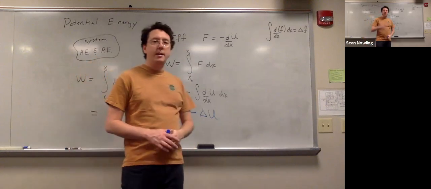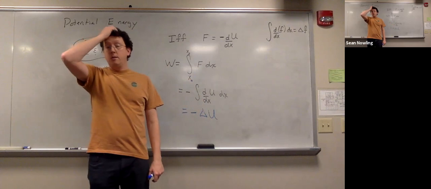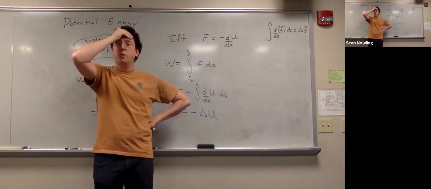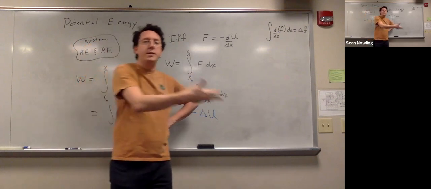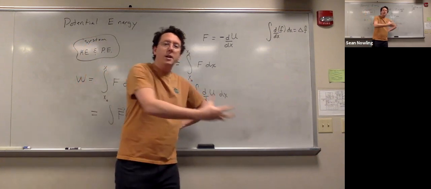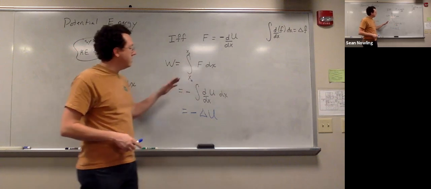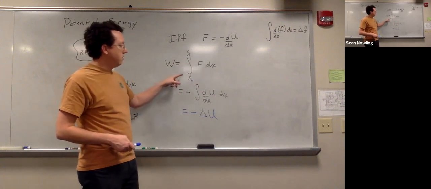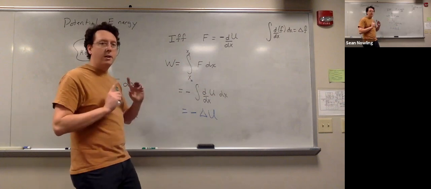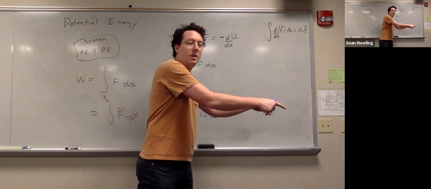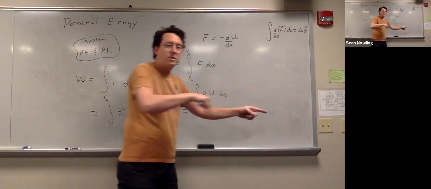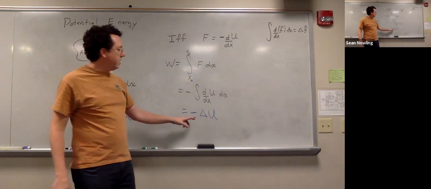Remember I said, you can think about potential energies as storing energy. And what that means is that if you put energy into potential energy form, it can always come back. And the way you can see that in this language is if this is an integral and you integrate it forwards and you turn right around and reverse the integral, then look what happens.